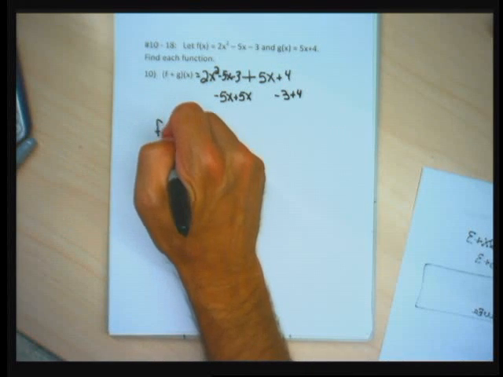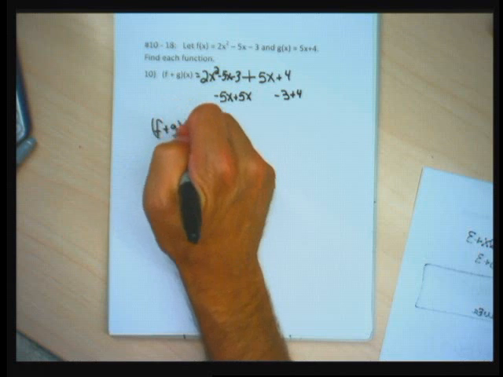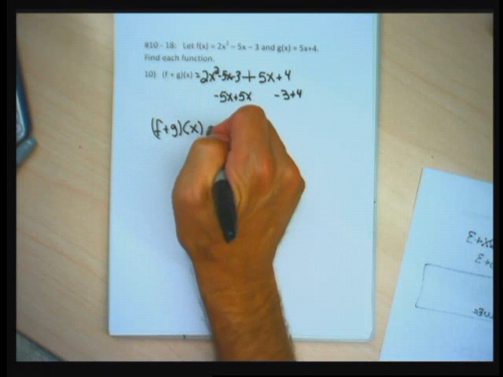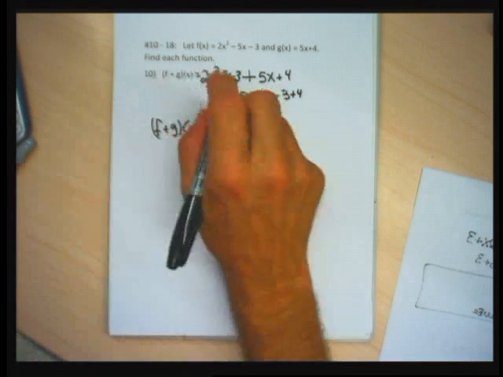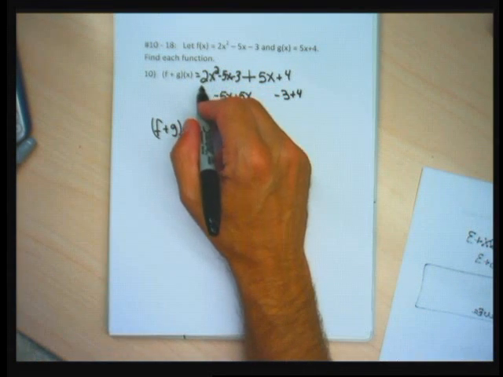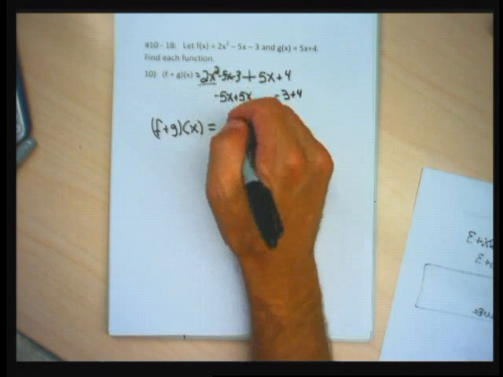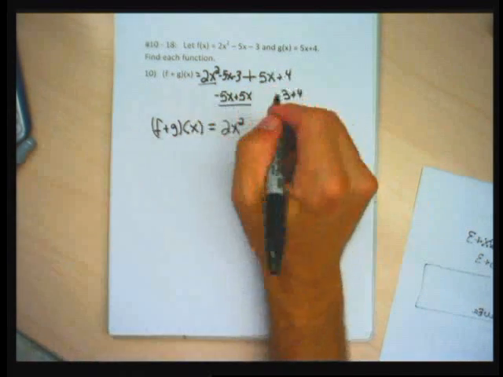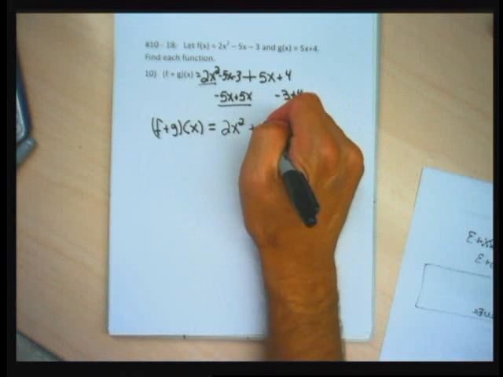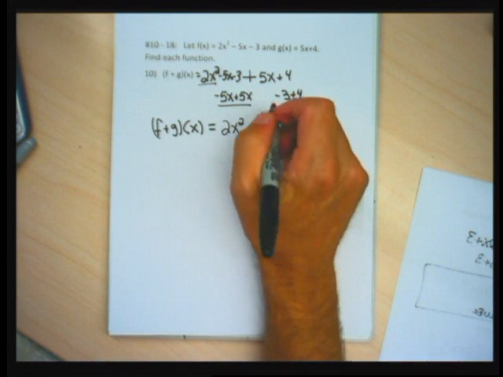I'm probably ready for my answer. In adding and subtracting problems, if it does factor, you should factor. But what's left is not going to factor. So what's going to be left is the 2x squared that didn't have anything to combine with. The 5x's are going to cancel. The minus 3 plus 4 is a positive 1. And this doesn't factor.